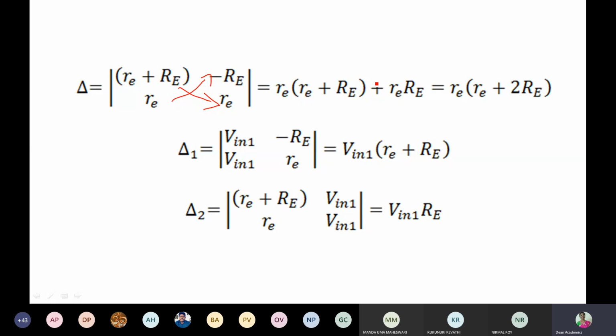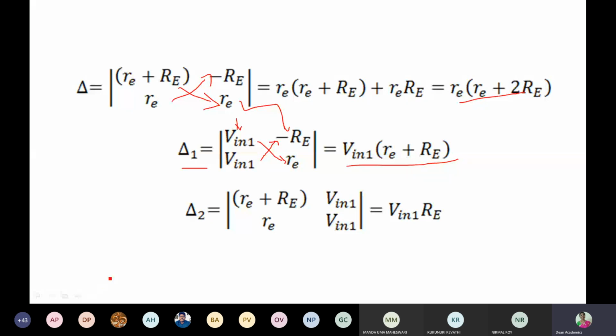Cross multiplication gives delta. Delta 1 is equal to, the first column replaced with the constant terms that we have at the right side of the equation, and the second column as it is. Again you cross multiply this and you will get this expression.